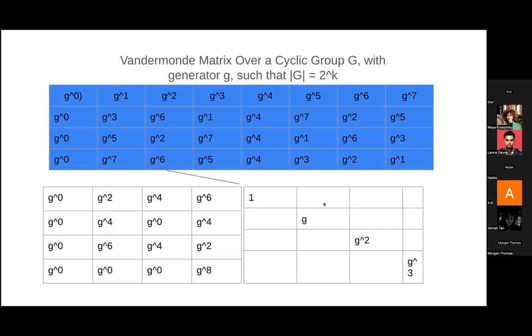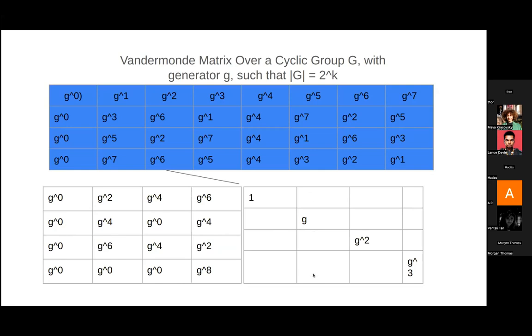This is kind of interesting. Matrix multiplication would be, for example, the second row, second column is this row times this. The third row, second column is this row times this. The fourth row, second column is this row times this.